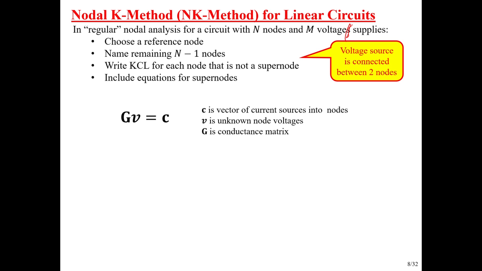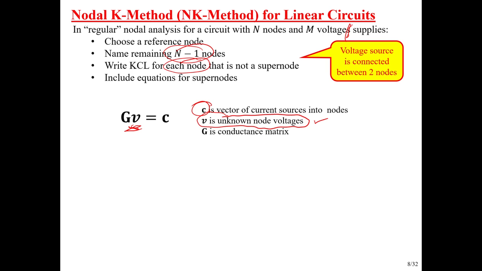And if we do that, we'll end up with a matrix version of basically Ohm's law, where we have a vector V that has all the unknown node voltages. So there's going to be n minus 1 minus however many supernodes, and for every one of those nodes, that's the size of that vector V. And then C is going to be a vector of the current sources into nodes.